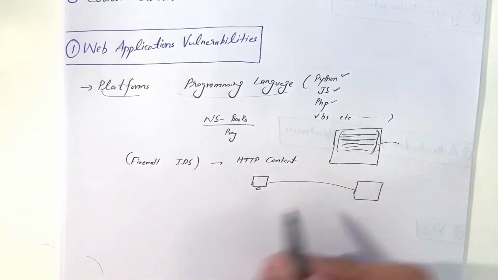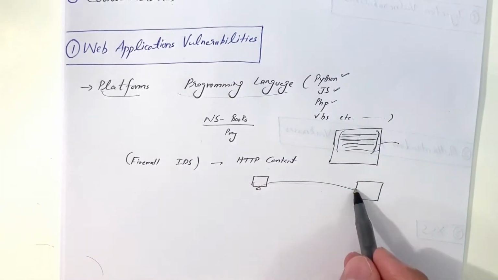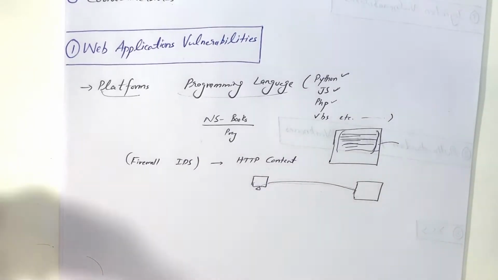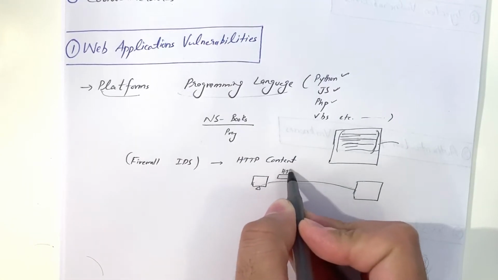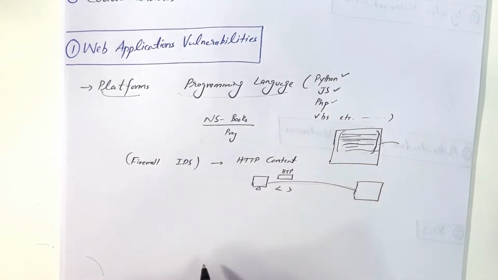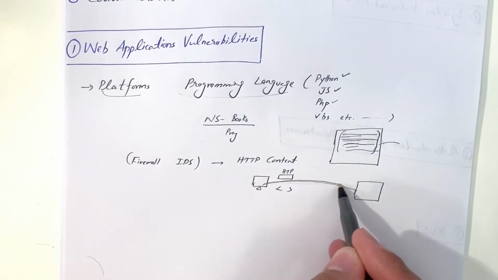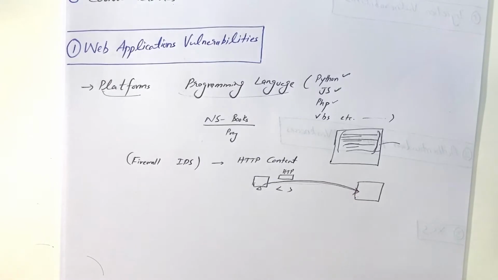They actually exchange some data, and based on that data they can communicate, pull information, and access data. Now, the problem is people can tamper with the HTTP content. They can put some malicious tags, pull some malicious traffic and send it towards the web server, and the web server can execute it. That's basically a problematic thing.